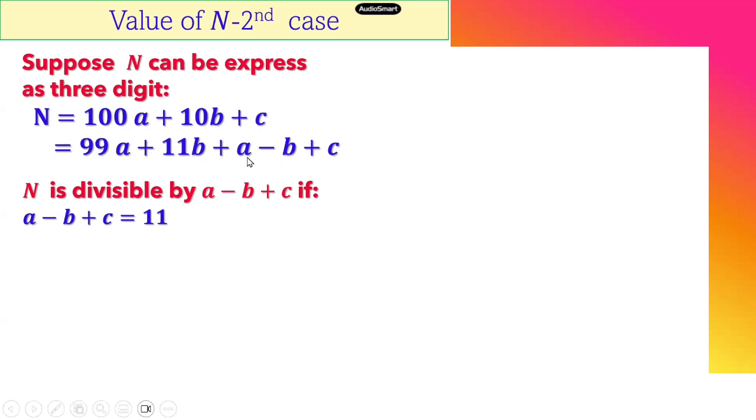Even a cannot be 0. So if we substitute it here, a maximum value is 9, c maximum value is 9. So 9 plus 9 is 18, and b from 0 to 9 if you substitute, the maximum value that will come is 18. So therefore the number should be 11 only, then it will be divisible by 11. So we take a minus b plus c equal 11.